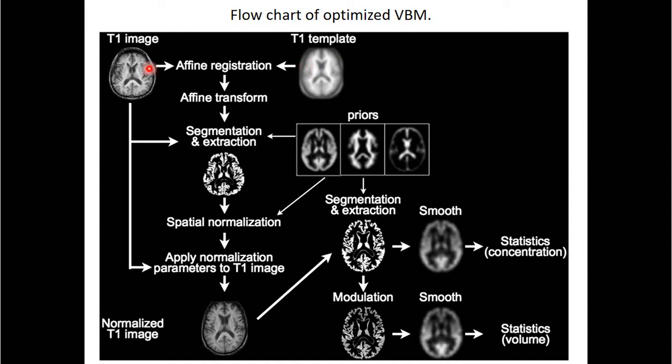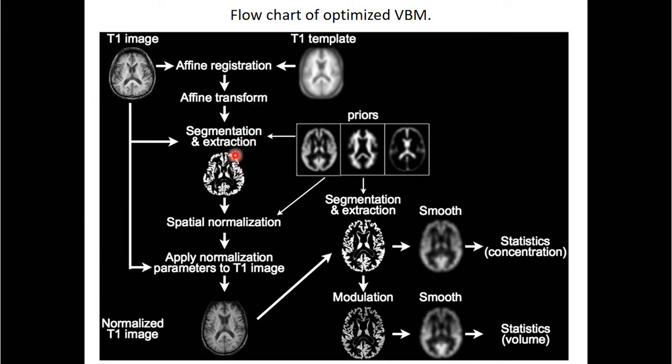First, you do registration of the individual towards the MNI template, which requires some rigid transformation. You don't make deformation, you just change the proportions. You stretch, you scale, you displace.